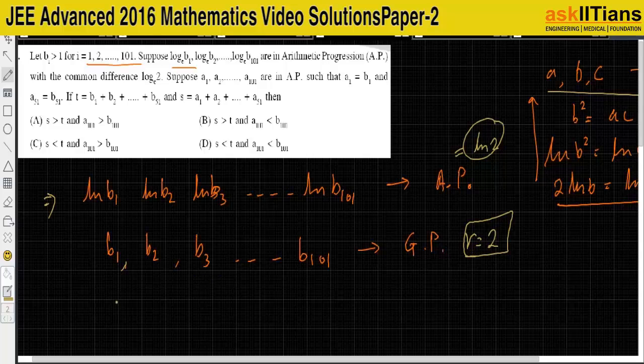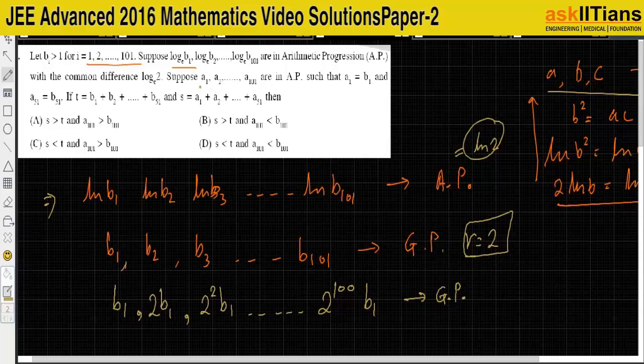Now this particular series will be something like this: b1, then b1 multiplied by 2, so it will be 2b1, then 2 square b1, and then till the 101st term, so this will be 2 power 100 b1. So this is the geometric progression, and it is also given that a1 to a101 is an AP such that a1 is equal to b1, right?